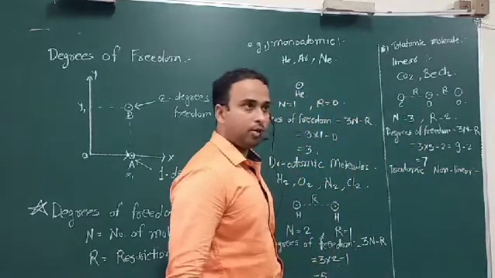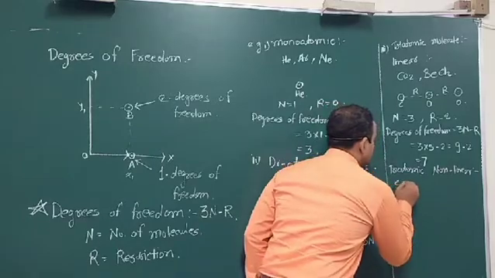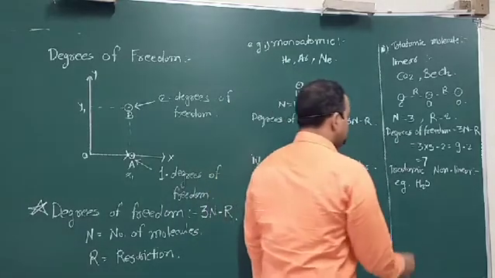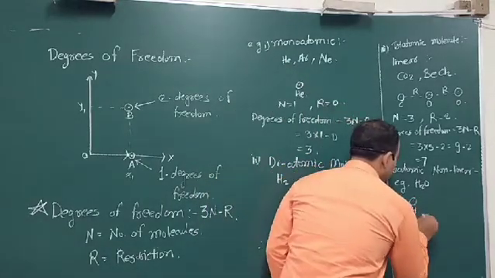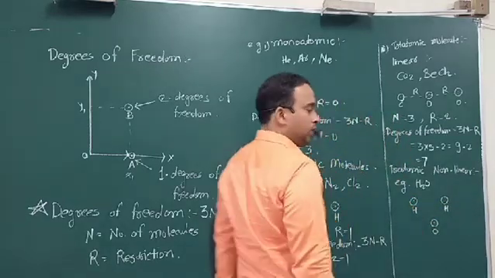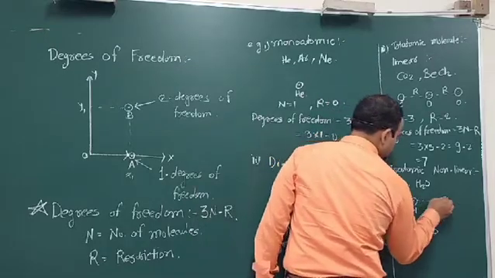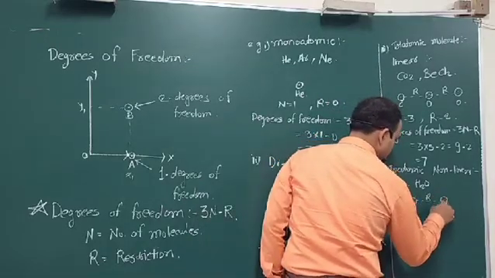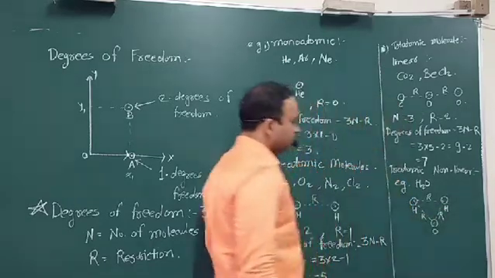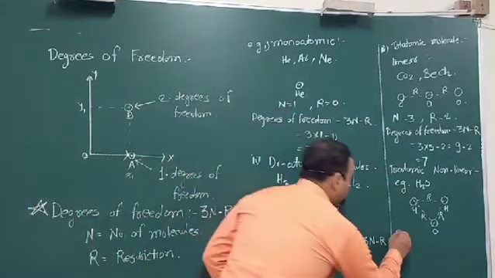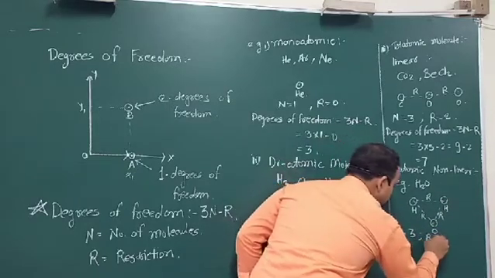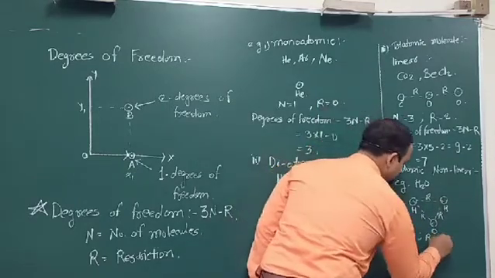Next, the triatomic non-linear molecule. For example, H2O. This is the first atom of hydrogen, the second atom of hydrogen, and this one is the oxygen. Here is the first restriction, second restriction, and this is the third. Now n is equal to 3 and r is equal to 3.